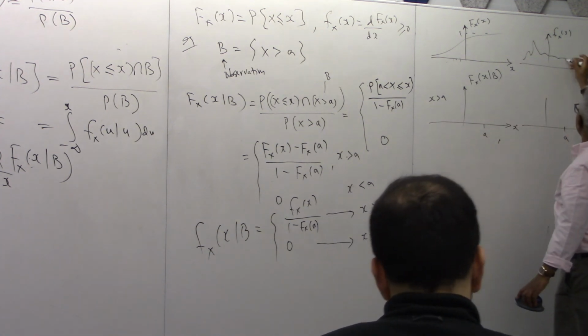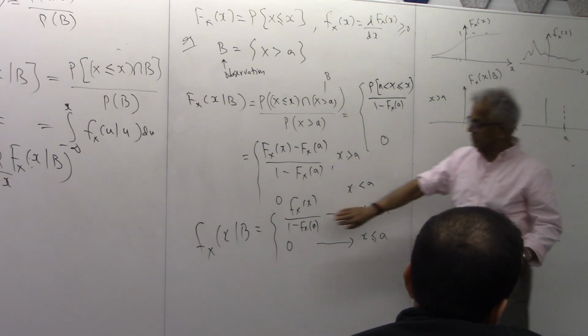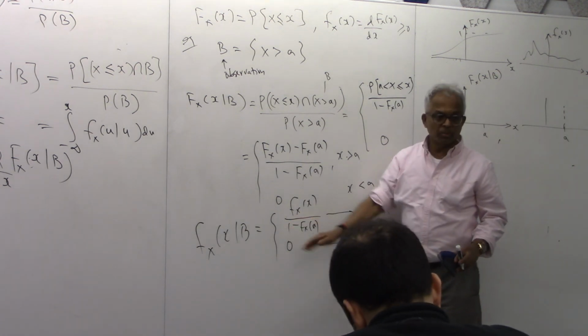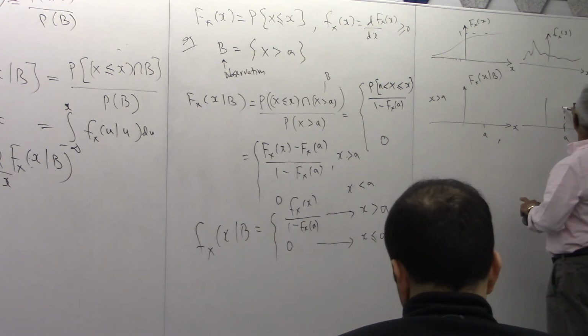So this is a scaled version of this, right? Remember, the denominator is less than 1 because this is a probability, so it will get scaled up.